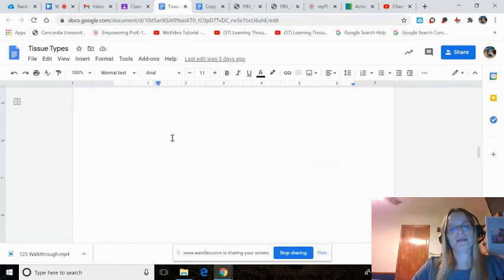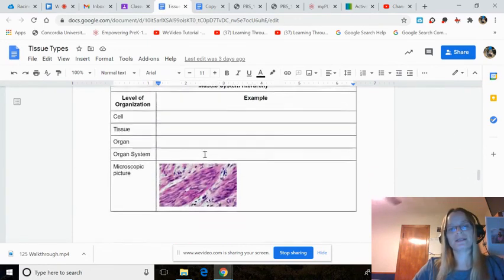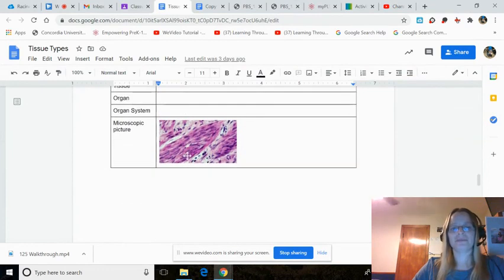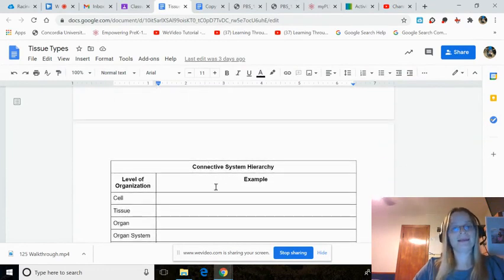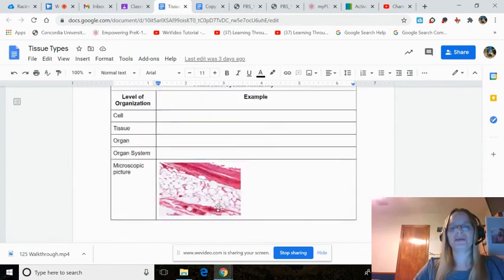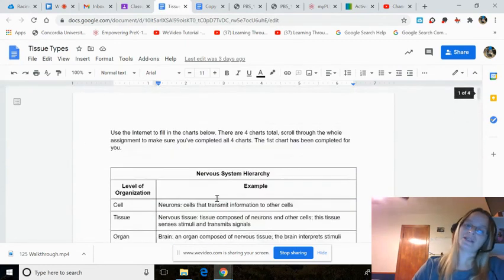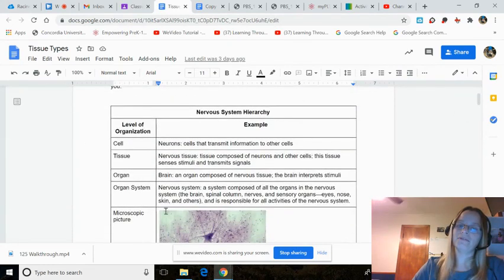The same with muscles, and I included microscopic pictures, and connective tissue. With the nervous system, it gives one organ, and then you list all of the organs in the organ system. If you have any issues with that, just let me know and I'll help you.